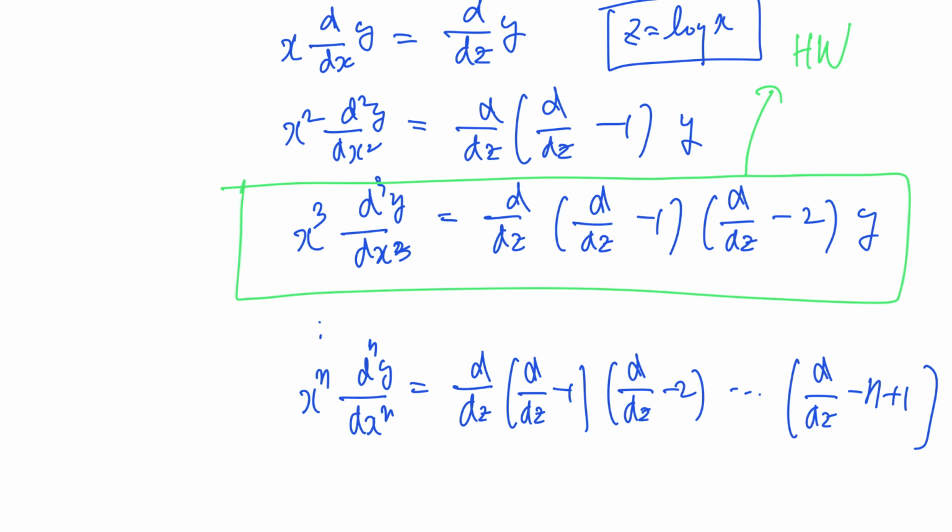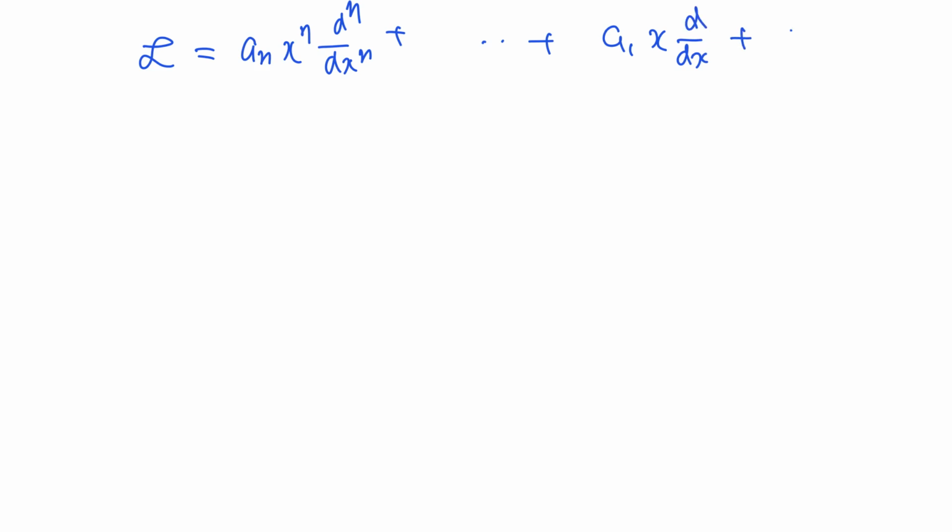So what we have is the following. The linear operator was given by a_n x^n d^n/dx^n plus and so on plus a1 x d/dx plus a0.